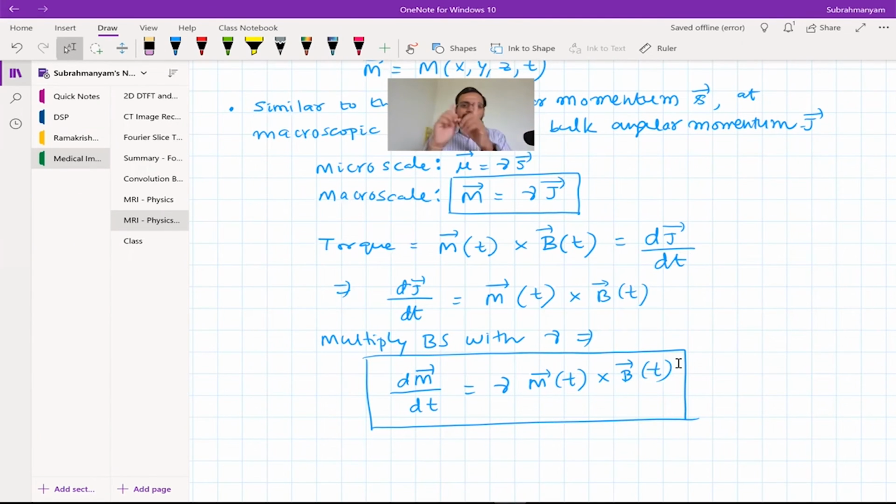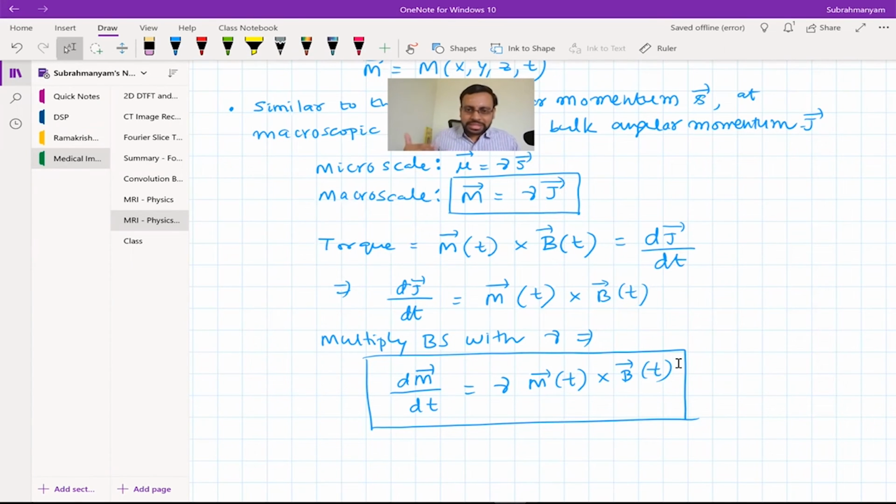Assume that everything is rotating about z only initially. Depending on the force you are giving, the top would rotate this way, right? Then you withdraw this force, and it would slowly come back, and this m bar would again come into the direction of z. Now, how is this m bar varying?